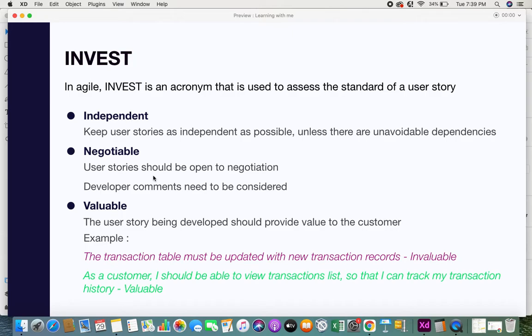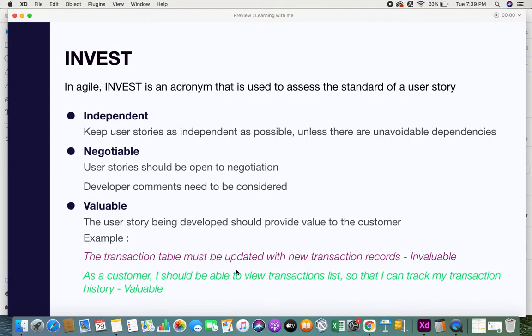The next one is valuable. For your user story to be valuable, it needs to provide value to the customer. Only then can you say that you're developing a valuable user story. Let's take this example: the transaction table must be updated with new transaction records.